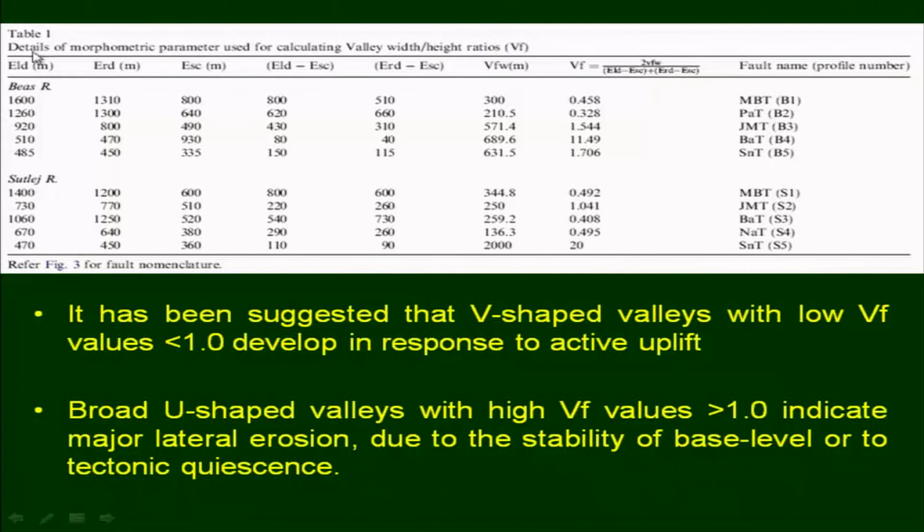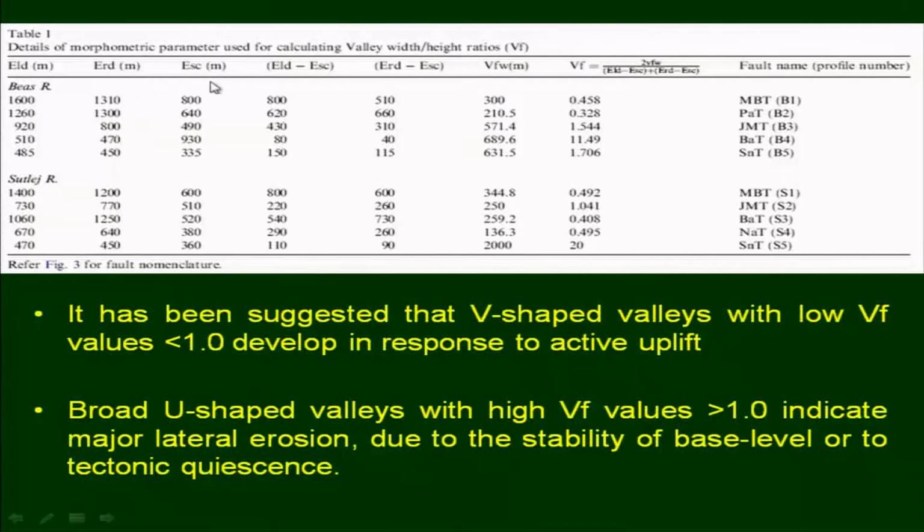This is the table which shows the details of the morphometric parameters used for calculating the valley width to valley height ratio, Vf. As I was talking about, we have ELD, ERD, the left and right bank elevations, and then the Beas river, in meters, the elevation, then the base of the channel.